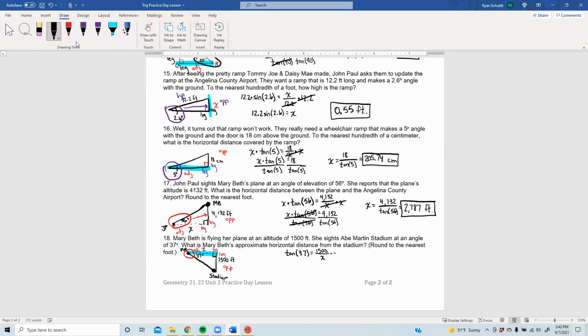Okay, so multiply by x on both sides. And x times the tangent of 37 equals 1,500. Divide by the tangent of 37. Those cancel. We get x equals 1,500 over the tangent of 37.